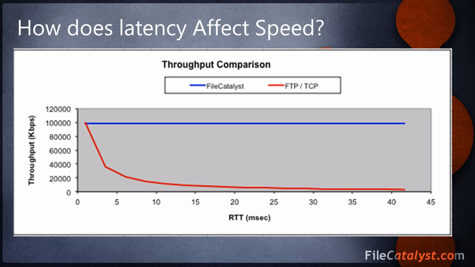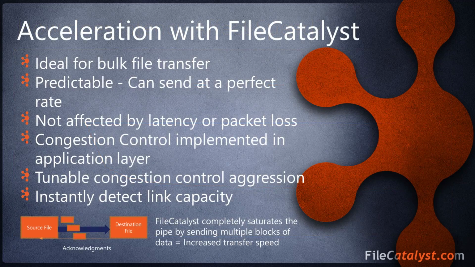Now let's take a look at FileCatalyst's fast file transfer technology and some of the ways we stand out and overcome the aforementioned issues with the TCP protocol. At the bottom of this slide, you can see an example and visual representation of a FileCatalyst transfer in progress, with the source on the left and the destination on the right. Now, unlike the last image we saw like this, you can see with ours, we're able to send multiple larger packets, and we don't require the need to wait for acknowledgements.